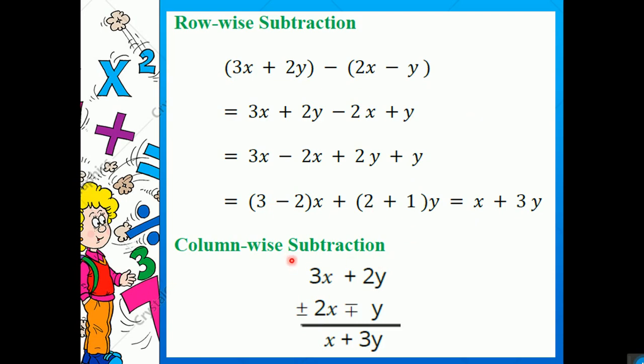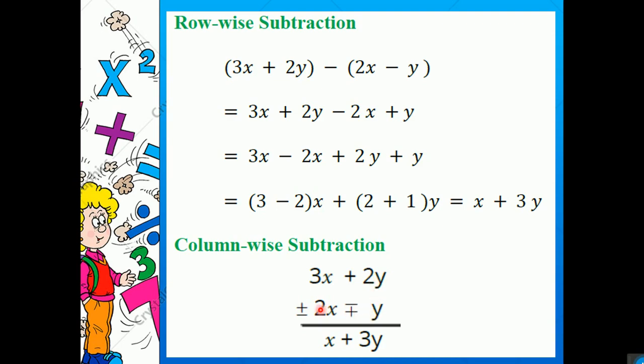And what is column wise subtraction? In a column wise subtraction we will write the like terms in one column, just like this one, 3x and then plus 2x. Like terms write in one column, and 2y and minus y write in one column.